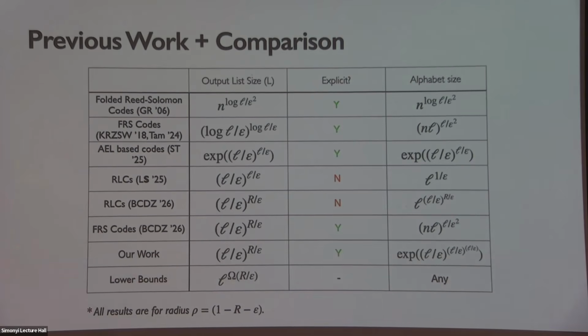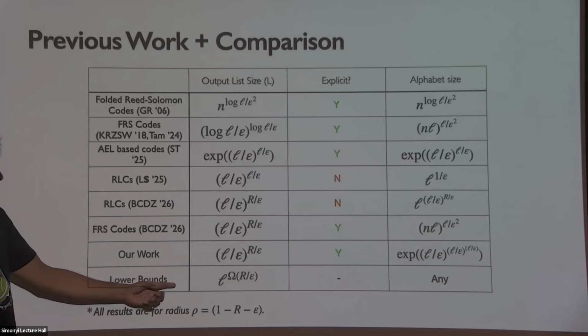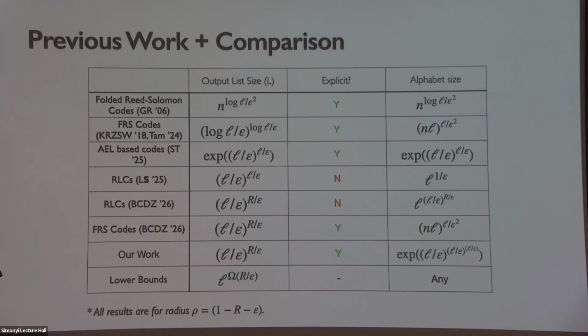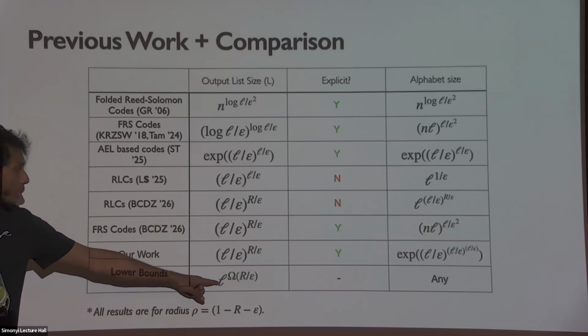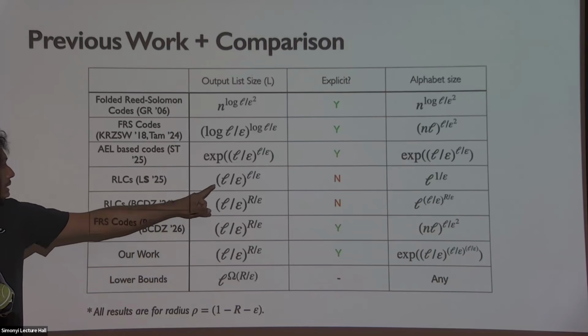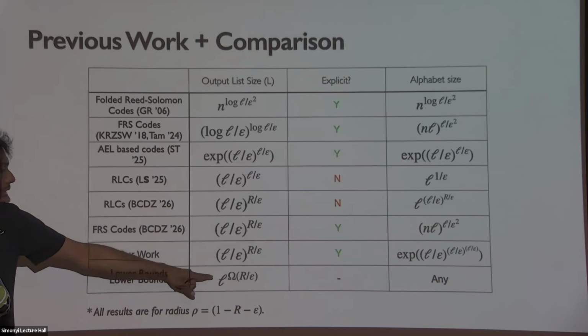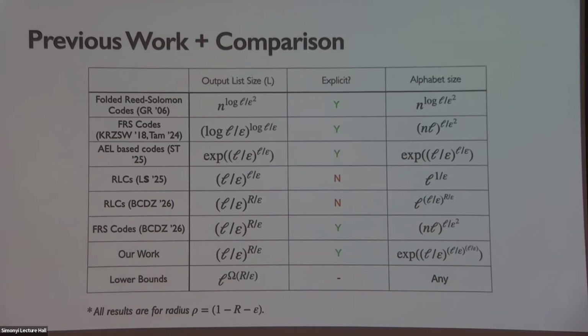And do you have any opinion on whether this result for random linear codes is optimal already? We think the answer is closer to this one, that this is the optimal one. The difference is only that there's a 1 over epsilon in the base here.